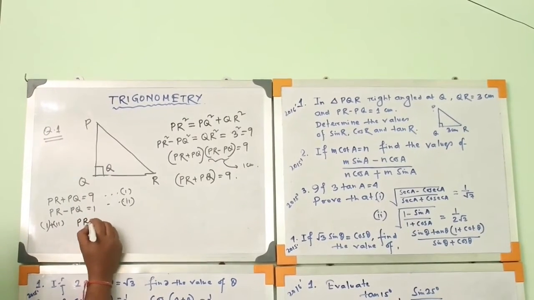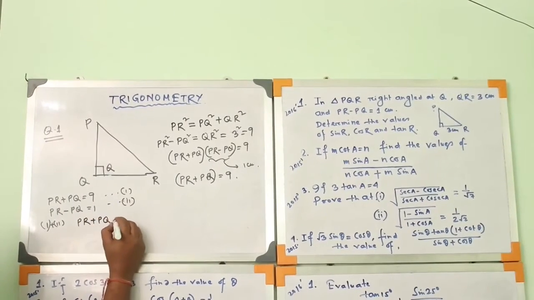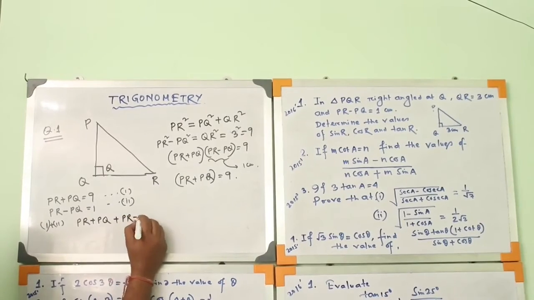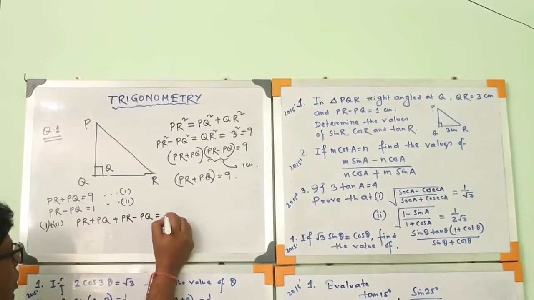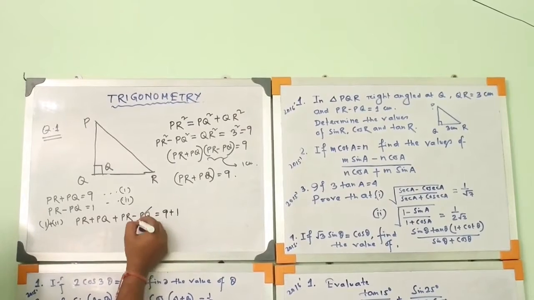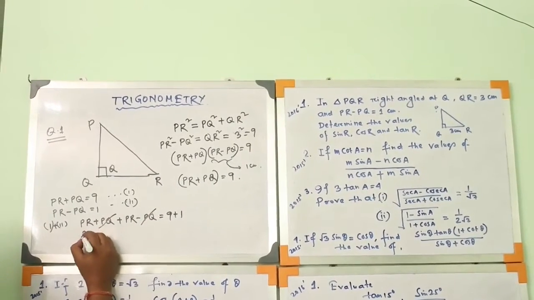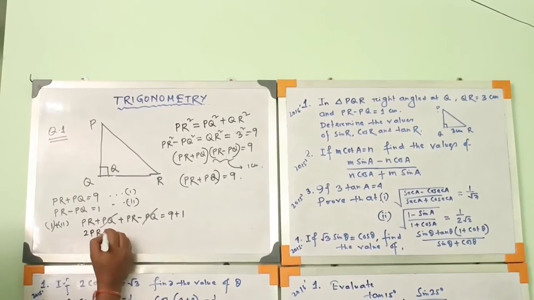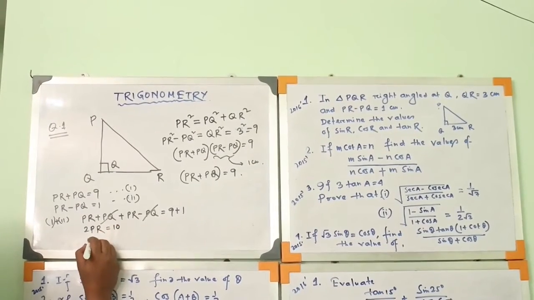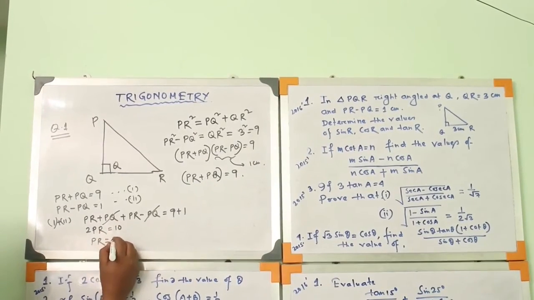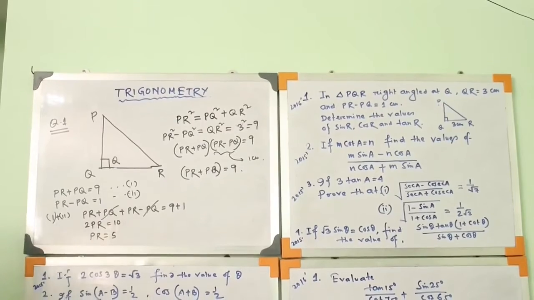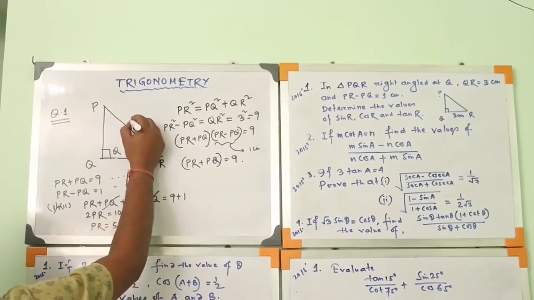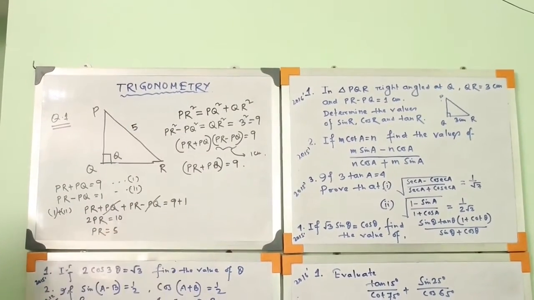PR plus PQ plus PR minus PQ is equal to 9 plus 1, PQ cancels, so 2 PR is equal to 10, the value of PR is equal to 5. So PR is equal to 5 means hypotenuse is 5.